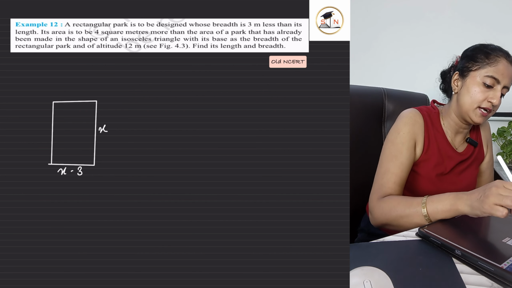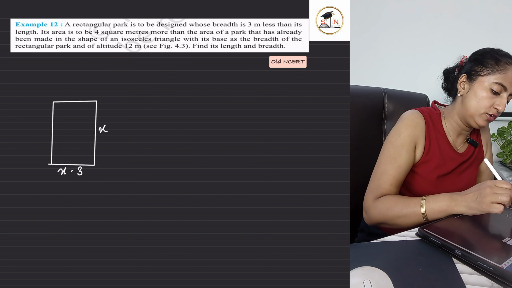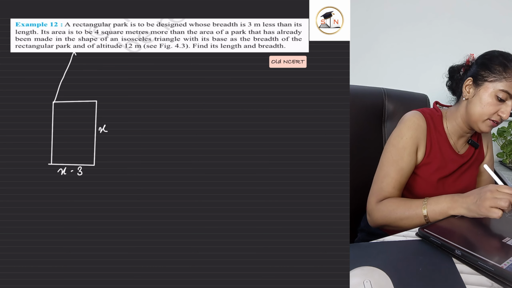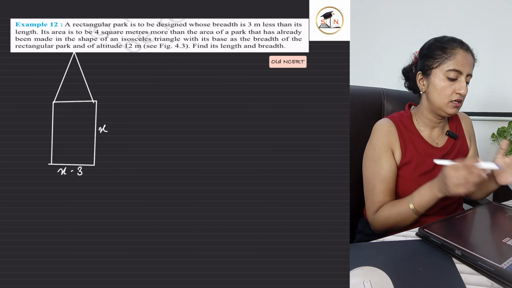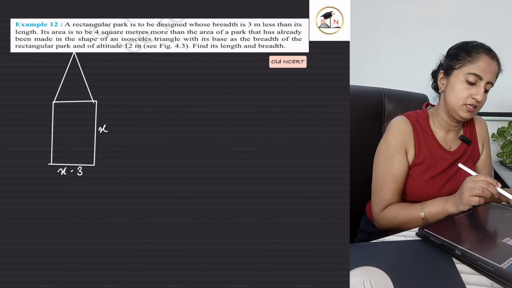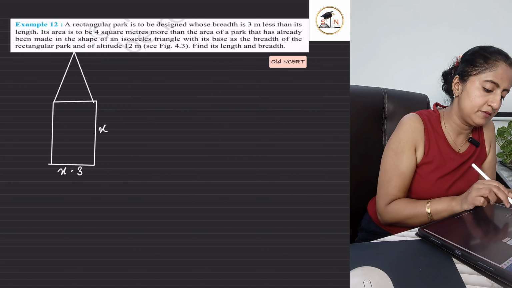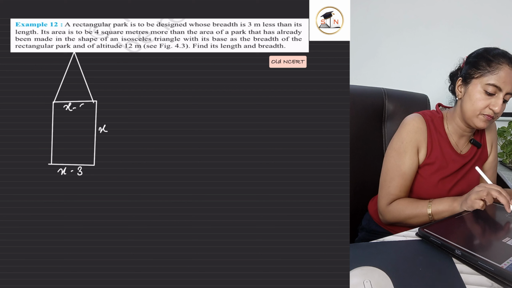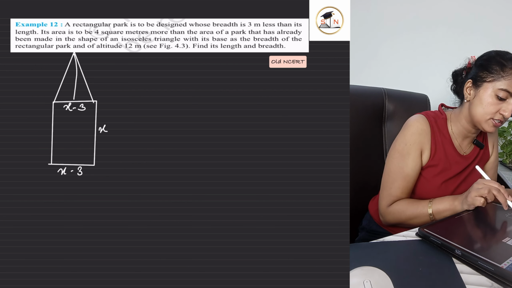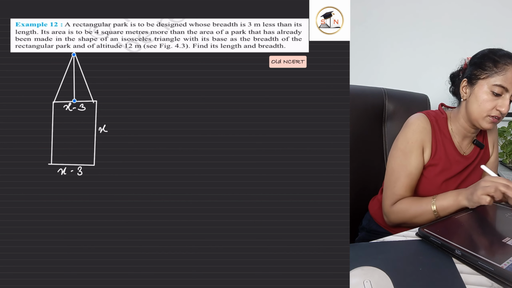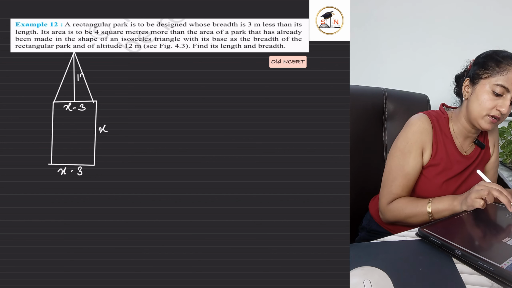Now that means we need to form an isosceles triangle over here, and the base is actually the rectangle's breadth, right? Now we know already that the breadth is x minus 3, and we are also being told the altitude of the isosceles triangle is 12. Okay, the altitude is 12.